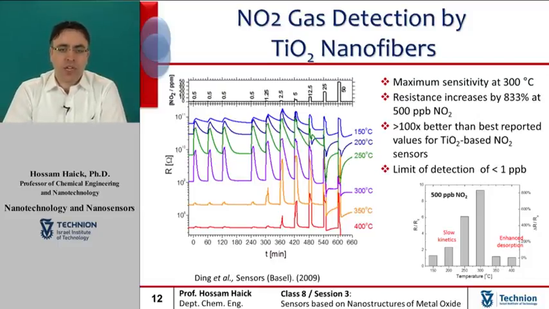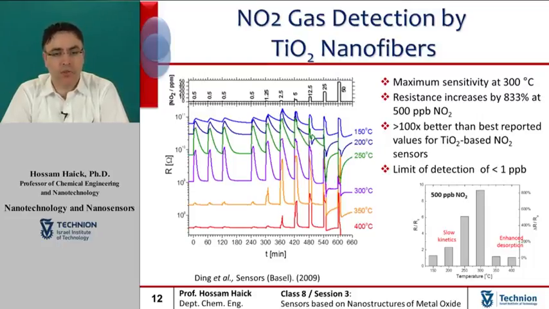The histogram's shape results from the competition between slow kinetics at low temperatures and enhanced desorption at high temperatures. At 300 centigrade, the resistance increases by 833% when the sensor is exposed to only 500 ppb nitrogen dioxide.